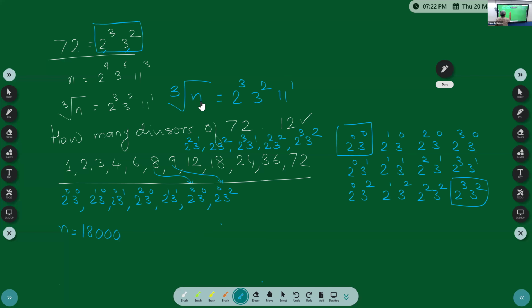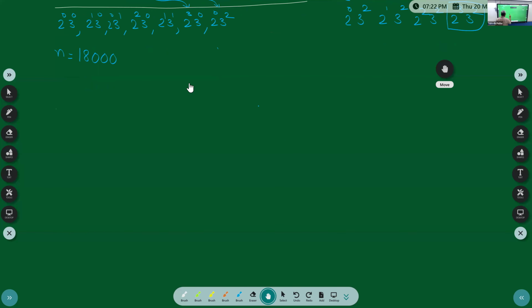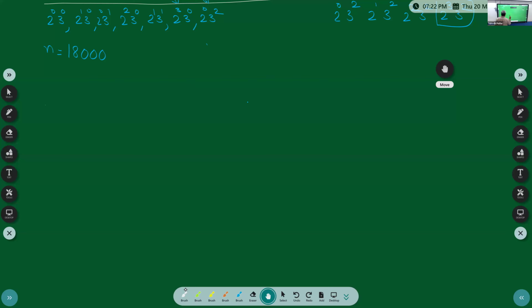Anyway, the prime factorization of 18,000 is, पांढरं चांगलं दिसतंय, 2 raised to 4, 3 raised to 2, 5 raised to 3.